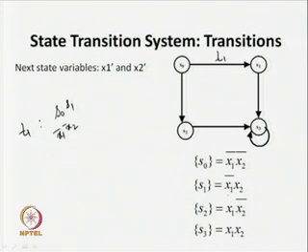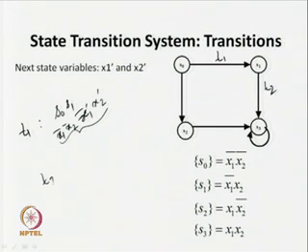S1 is represented by x1 bar, x2. So, this transition is represented by x1 prime bar and x2 prime. You just see that with the help of this combination I am going to represent this particular transition T1.